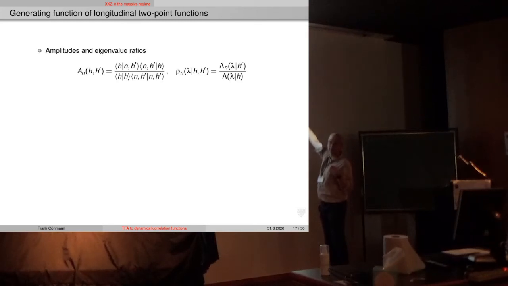I change the notation in order to save space. And for the Bethe states, instead of psi n, I write n, h prime. h prime is the magnetic field, and n is the nth excited state. And for the dominant state, I just write h.